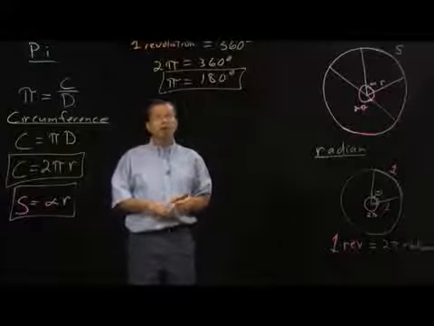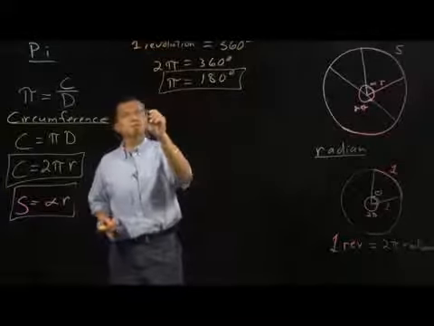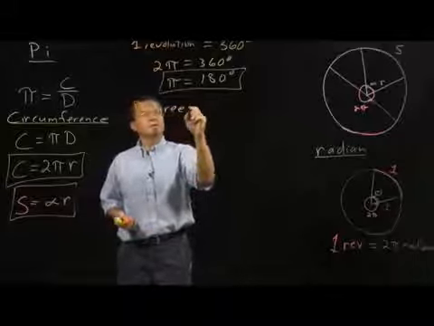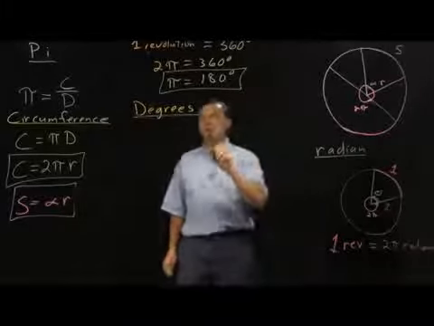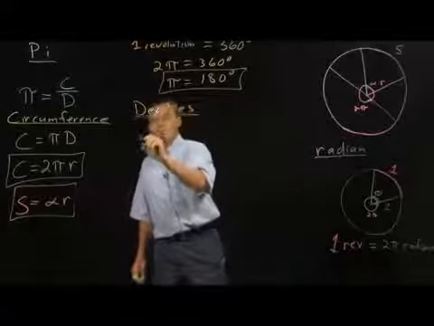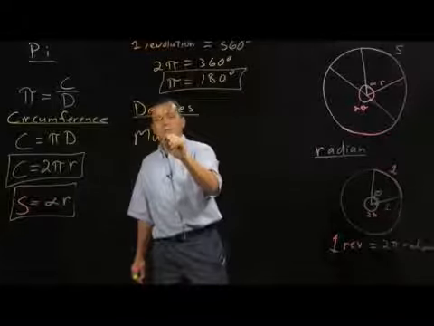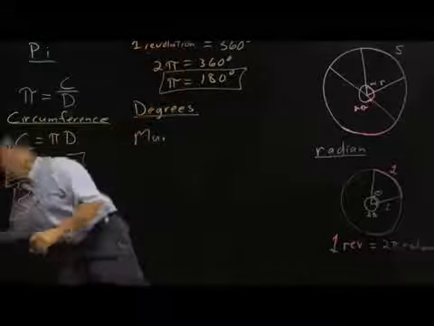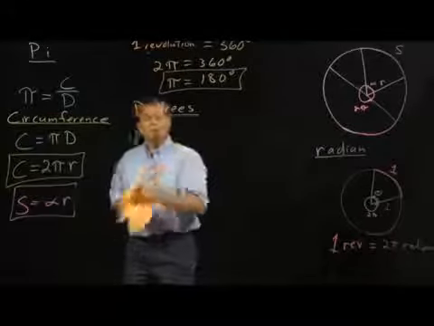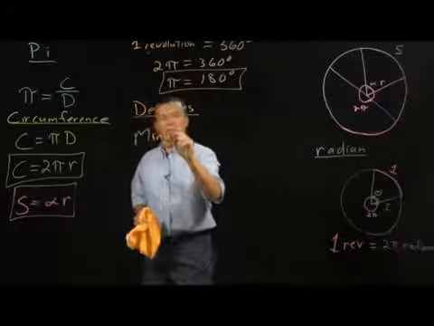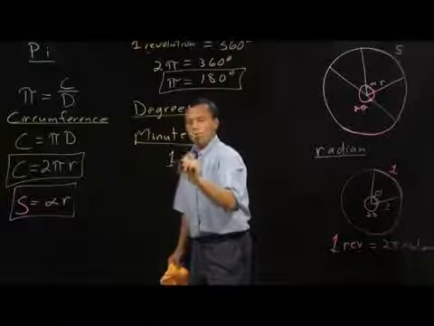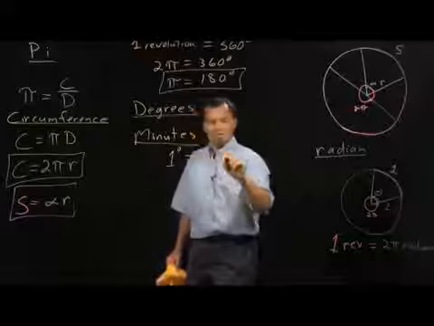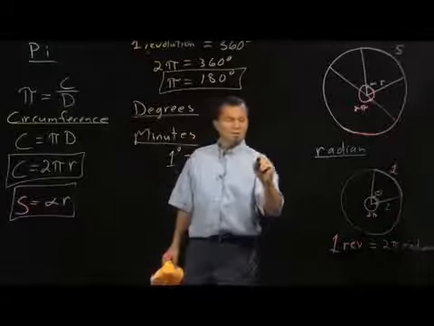Now, in degrees, we can even go smaller and smaller. So with degrees, we also have minutes. And minutes are subunits for degrees. So 1 degree is the same as 60 minutes.